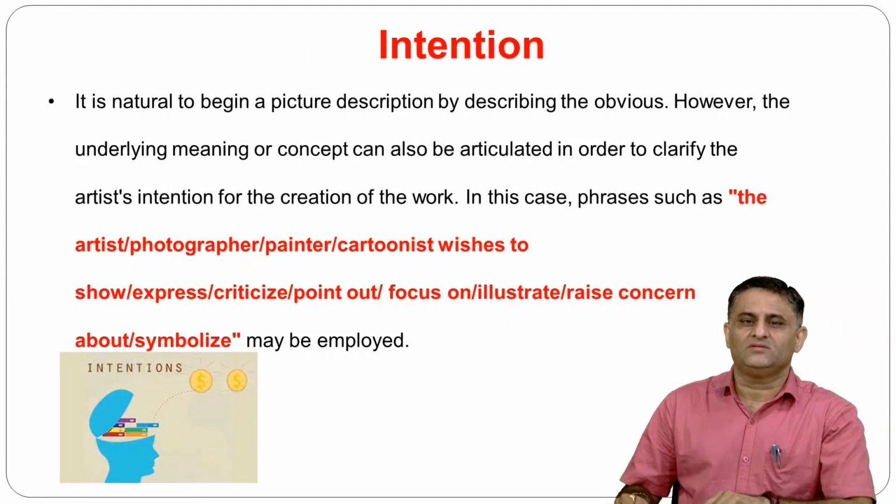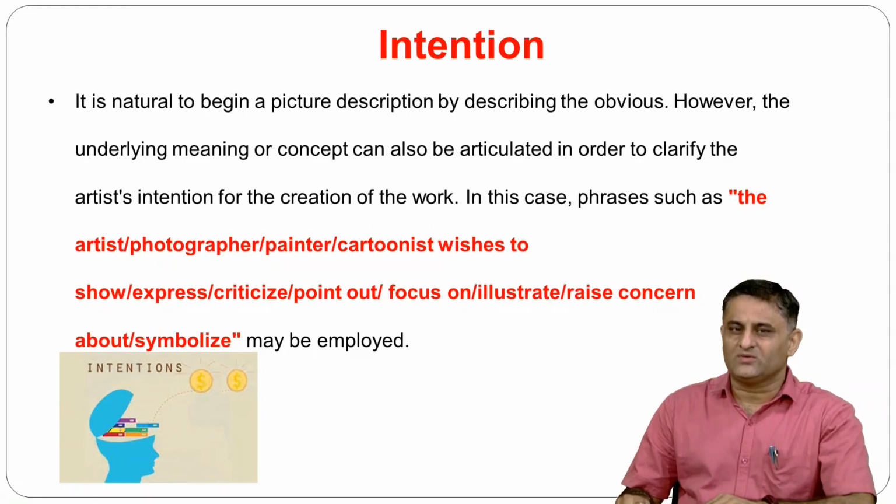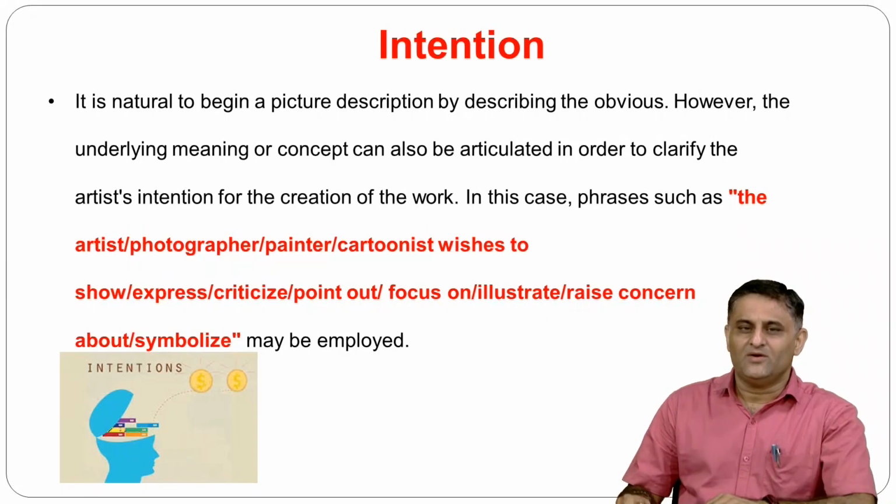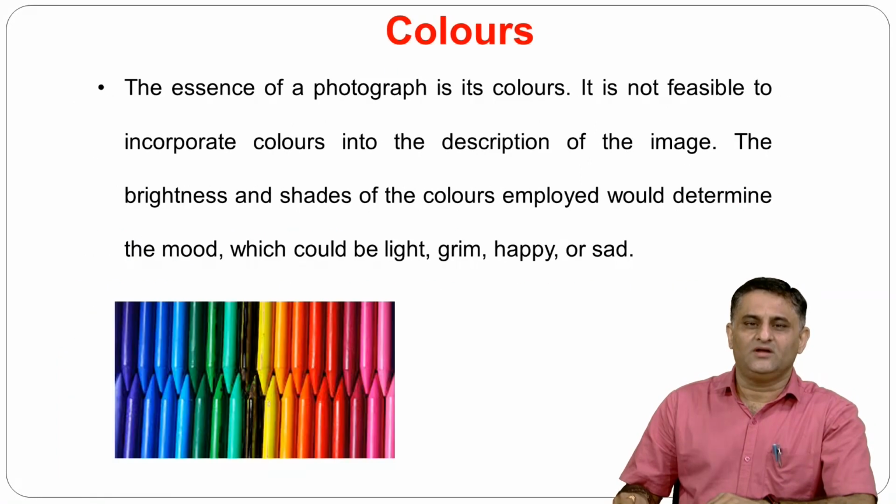Next slide is all about intention. When describing a picture, it is natural to start with the obvious details, but you can also explain the deeper meaning or message behind the artwork. To express the artist's intent, colors play a key role in a photograph as they help to set the mood and the tone of the image.